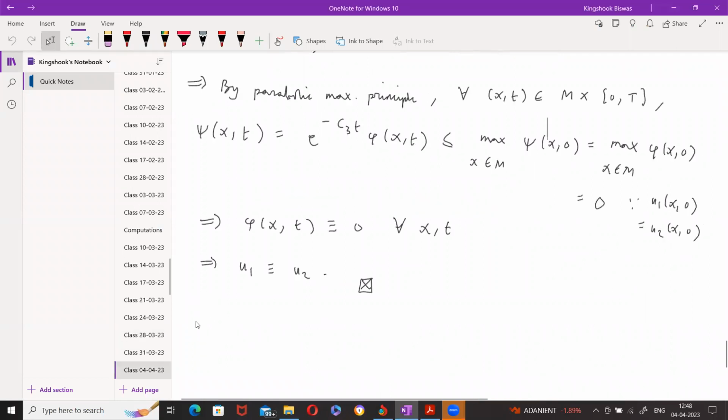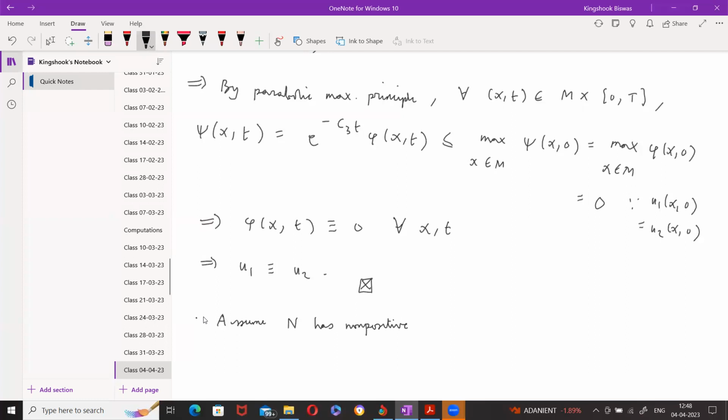All right, so we've got uniqueness of solutions to the harmonic maps heat flow, using the parabolic maximum principle. Now, we are going to assume that the target manifold N has non-positive sectional curvature.